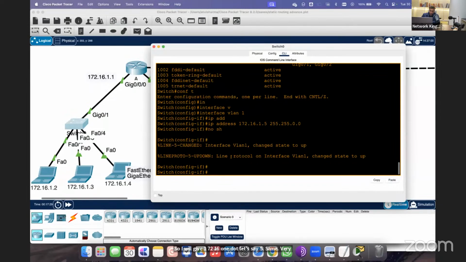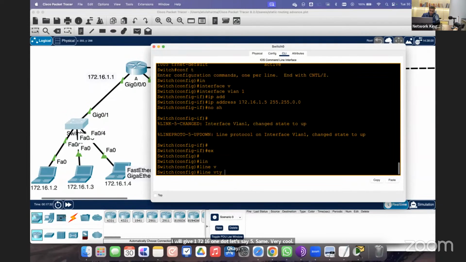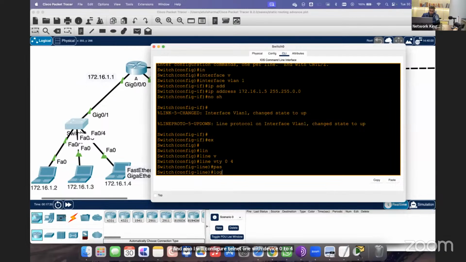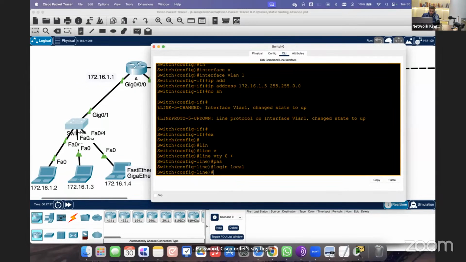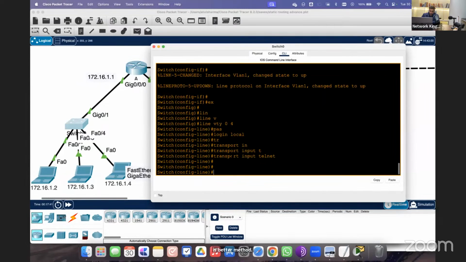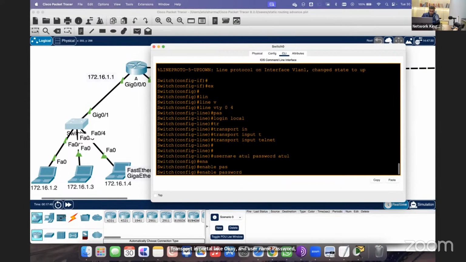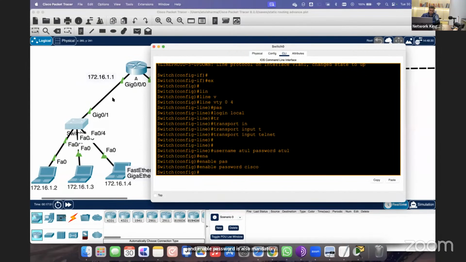Also I will configure telnet: line VTY 0 4, password Cisco, or let's say login local, which is a better method. Transport input telnet. Username, password, and enable password are also mandatory. So we have given that.